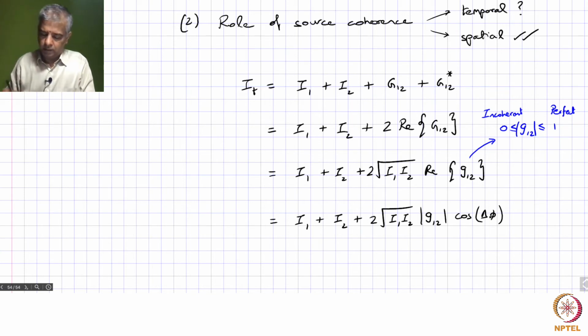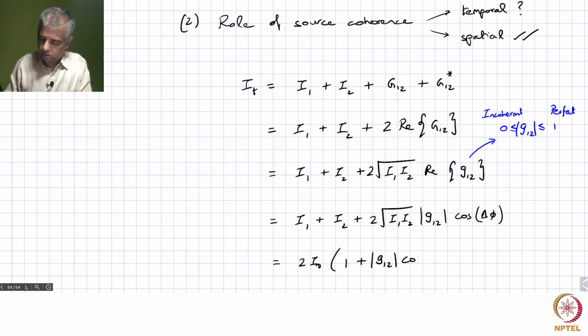Okay, and if I1 equals I2 equals I naught, as we have, if both the intensities are equal, you can just write this as 2 times I naught, 1 plus magnitude of g12 cos of delta phi.